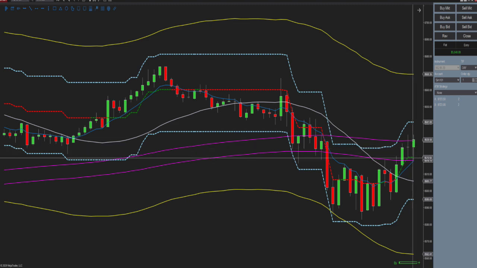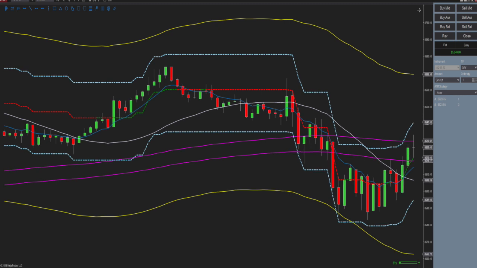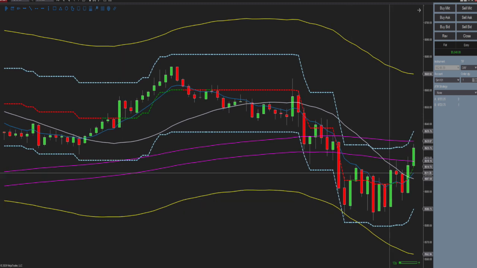There was that pullback, which I was expecting. Let's go buy back. Okay, if I want to go long now, that's what I forgot to say. I'm waiting for either the price to pull back to this middle line or to 8. 8 is such a great level, and it was all morning.